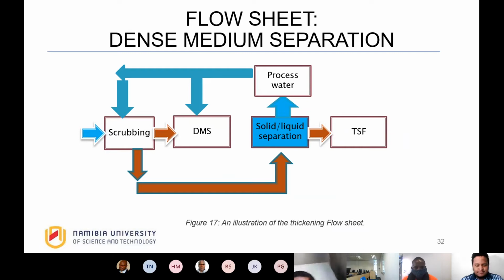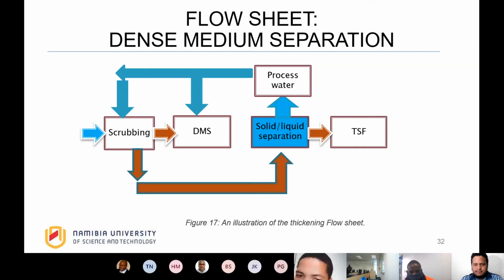So this is just a simplified flow sheet about my section, which is the thickener section, or rather unit. There isn't much of a flow sheet to be designed, but what we can see here is what the solid liquid separation unit is receiving.